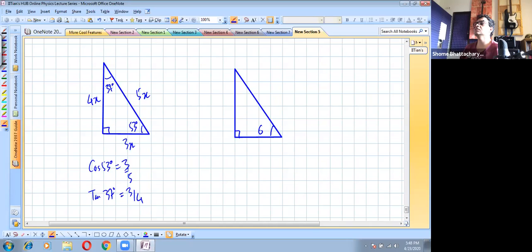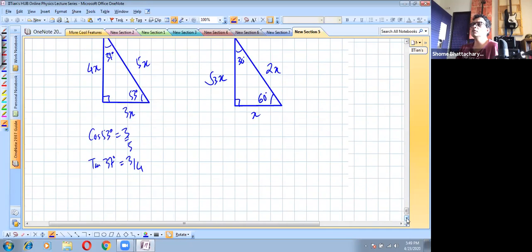If this angle is 60 and this angle is 30, then the sides are in ratio 2x, x and root 3x. So these are two very common triangles that we use in our physics applications. Similarly, a 45 one is much easier. It's x, x and x root 2 for the hypotenuse. So just keep this in mind.